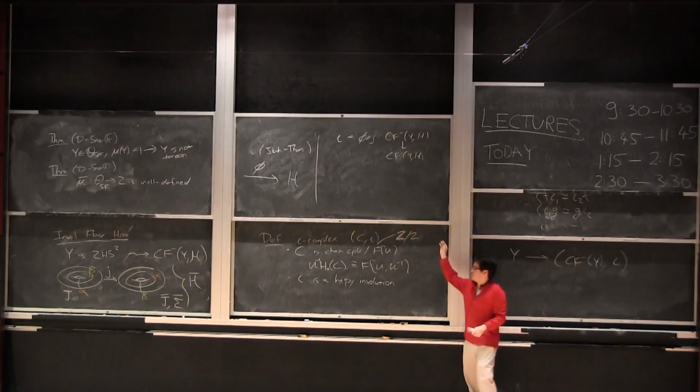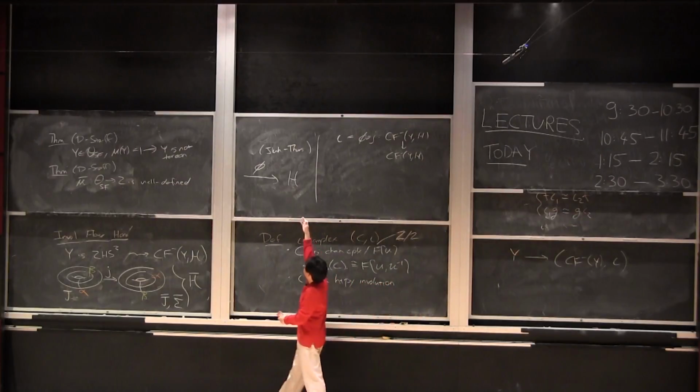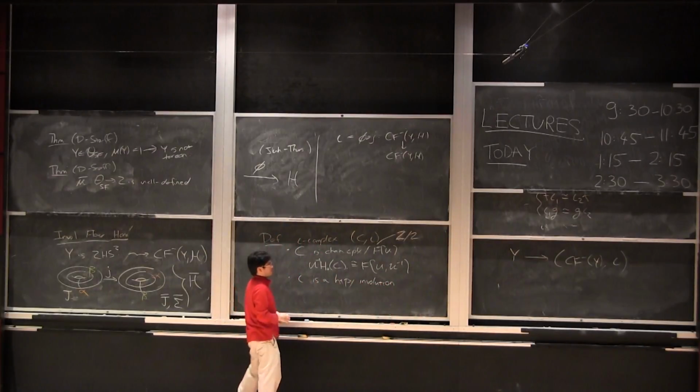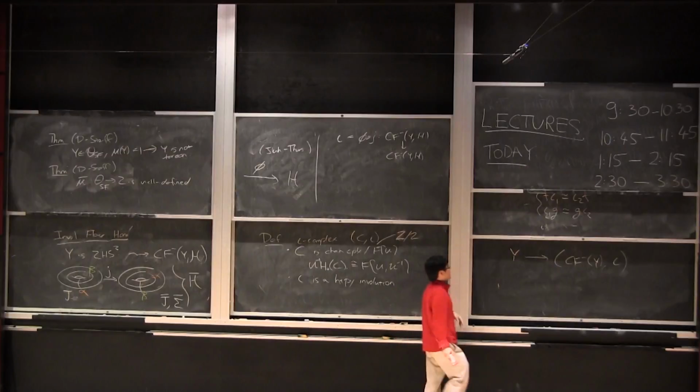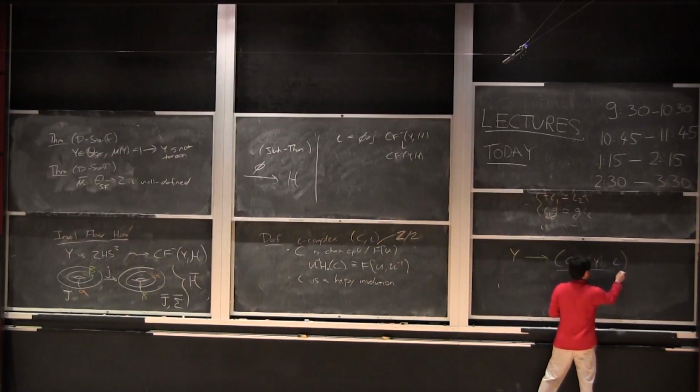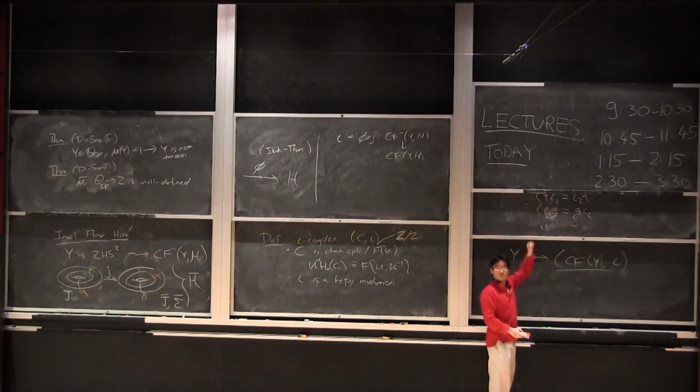So I could have chosen a different Heegaard diagram. I could have chosen a different representative of the chain homotopy equivalence. But all those choices change the resulting iota complex up to homotopy equivalence.